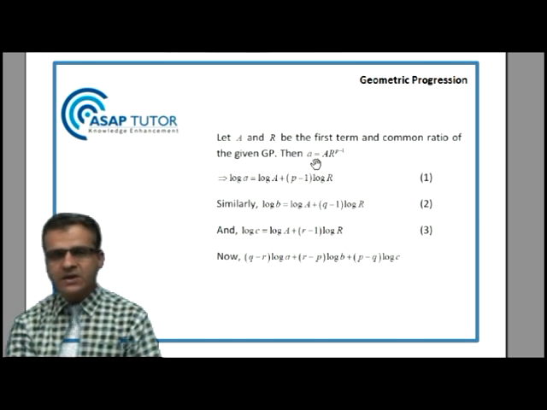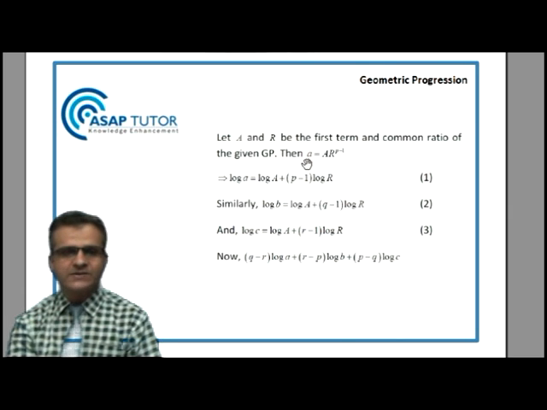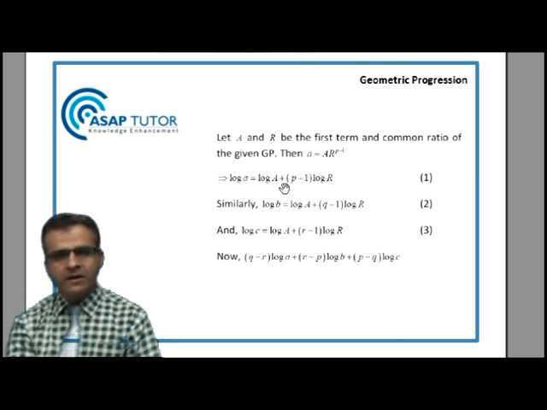Now if C is equal to capital A R raised to the power r minus 1, if we take log on both sides, we get log A is equal to log capital A plus p minus 1 log R. Similarly, for B and C we'll get the same expression. Now we want to find the summation of all these, so we'll add log A plus log B plus log C, and then multiply it with q minus r.